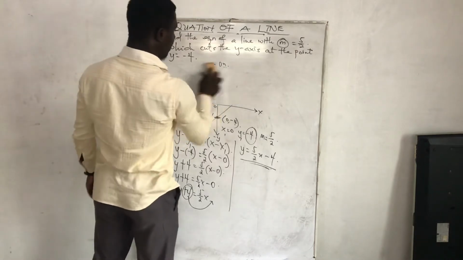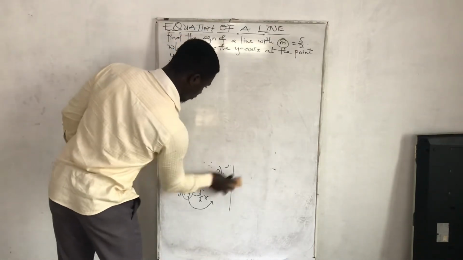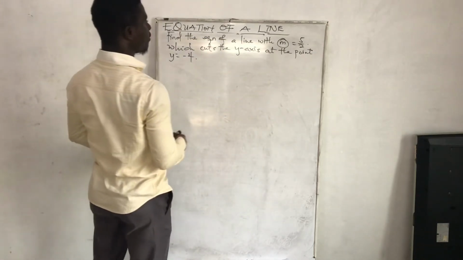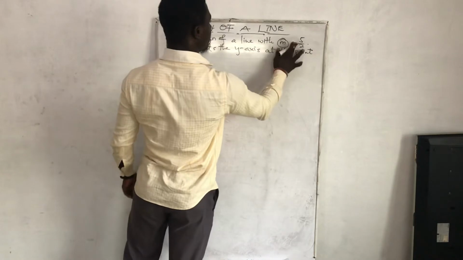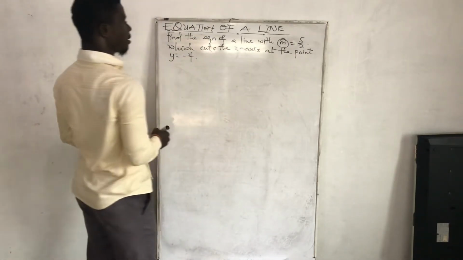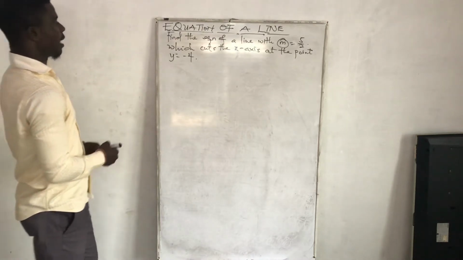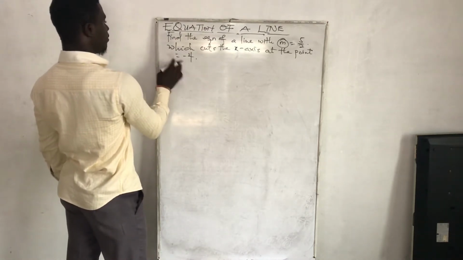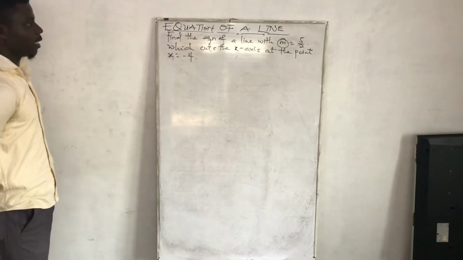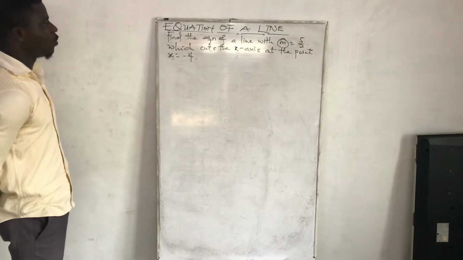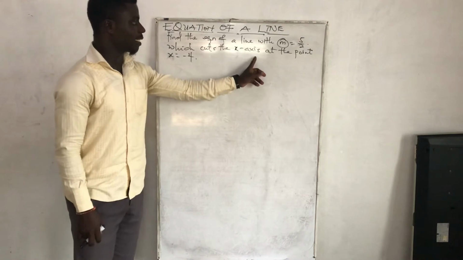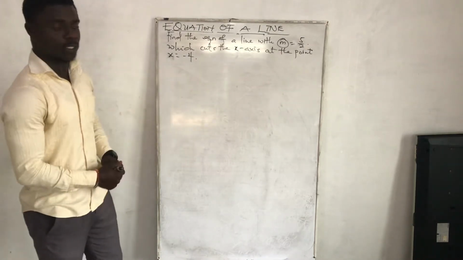Find the equation of the line with gradient, let's say, still 5 on 2, which this time cuts the x-axis at the point x equals -4. So find the equation of a line with gradient 5 on 2, which cuts the x-axis at the point x equals -4.